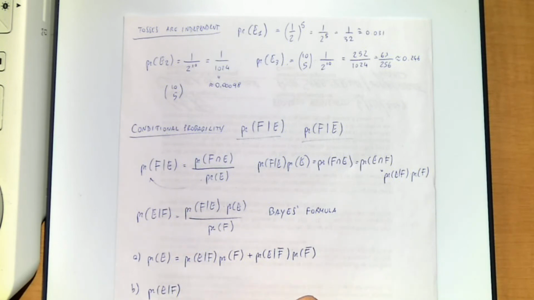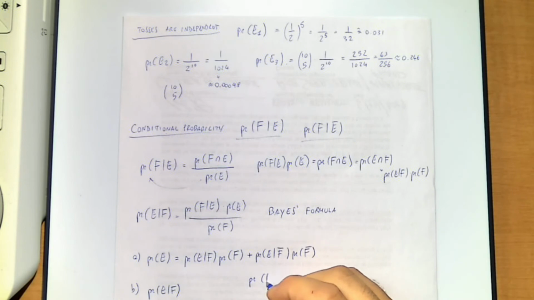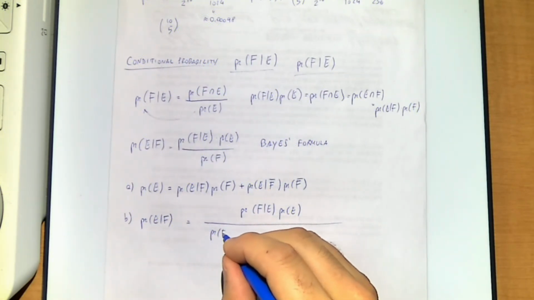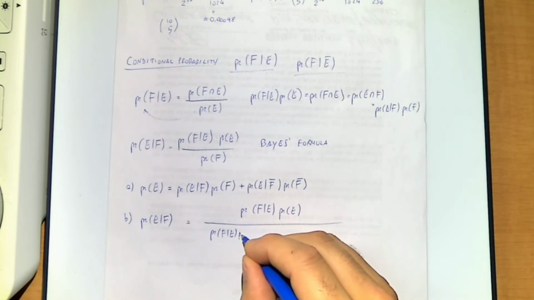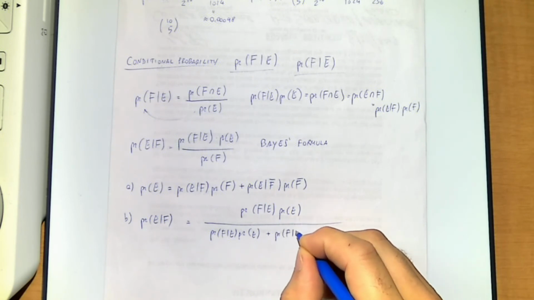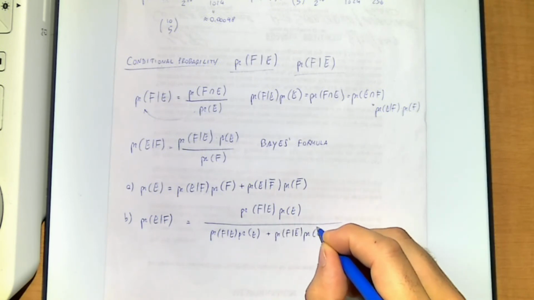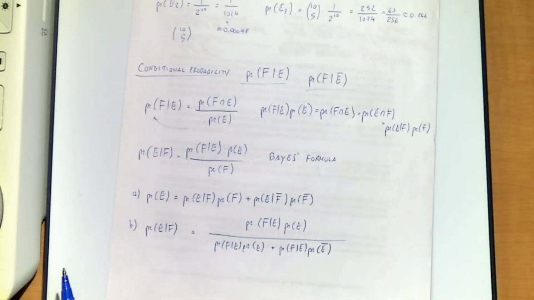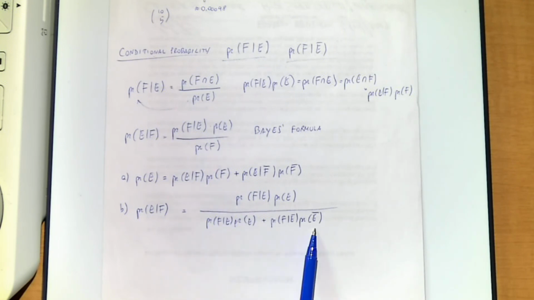The probability of E given F is the probability of F given E times the probability of E, divided by the probability of F given E times the probability that E happens, plus the probability of F given not E times the probability of not E. So we can write Bayes' formula, which is this one, but we replaced the probability of F with the previous step.